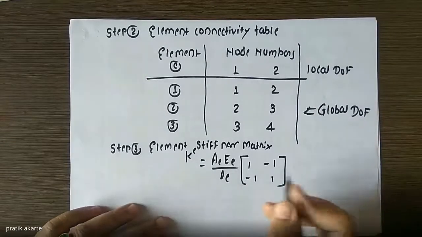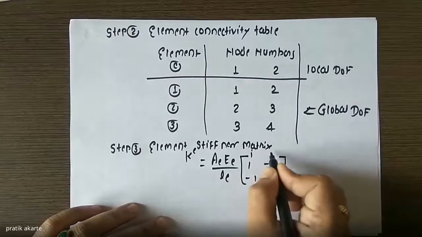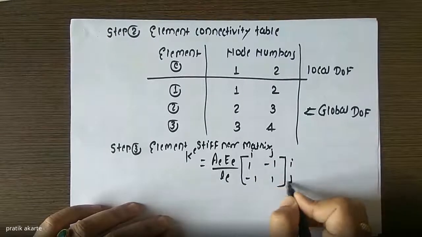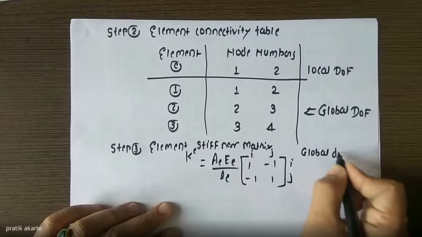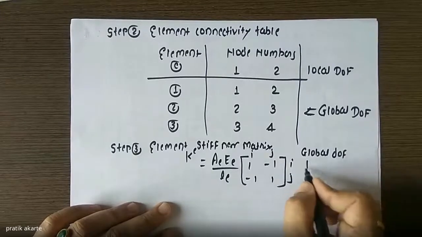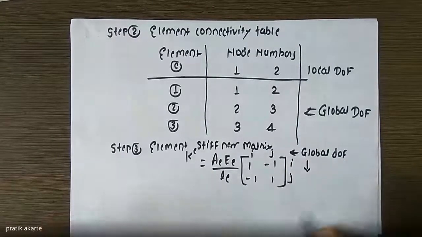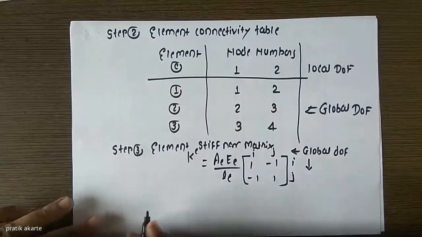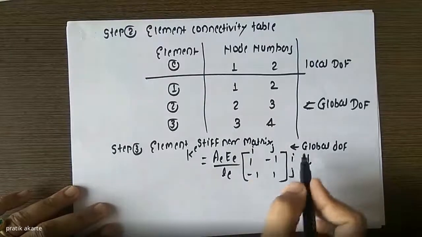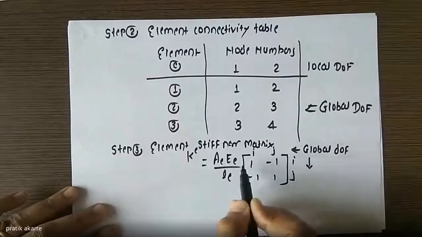Okay, so I mark it as i, j and this as i, j. So these are the global degrees of freedom. Now you come to know the significance of global degrees of freedom when we make it in the form of the global stiffness matrix. So let us write the element stiffness matrices for each element.